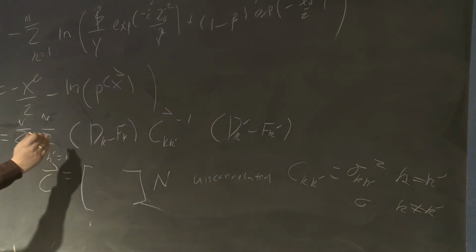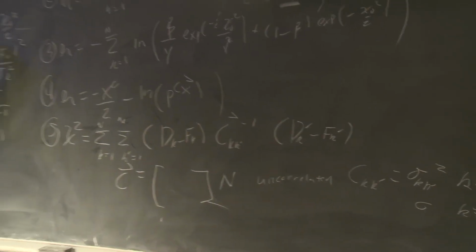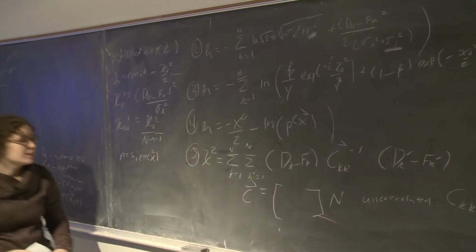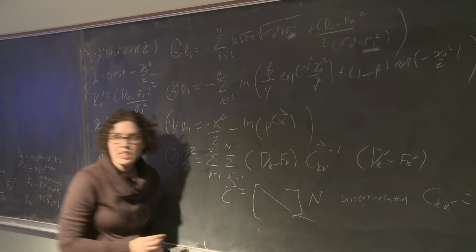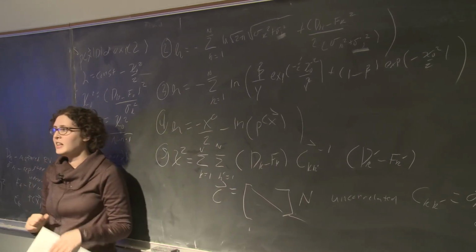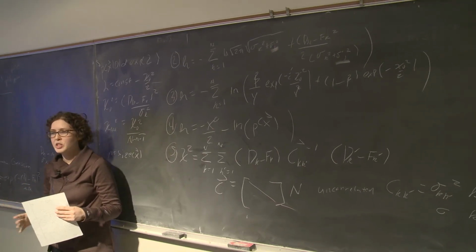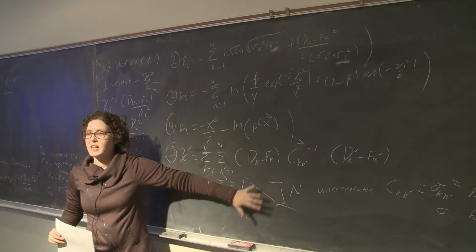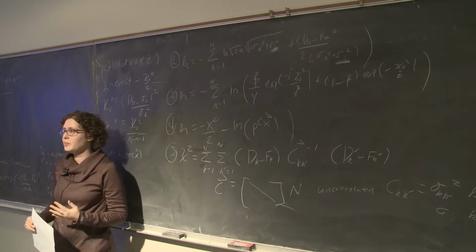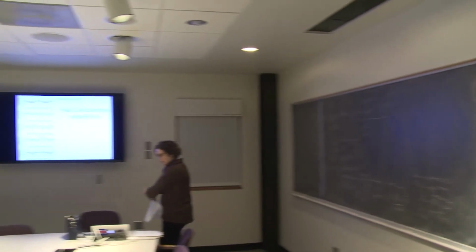If you just filled this in with diagonals, that would be the same as this chi-squared right here. But if you have correlations, then you'll also have some off-diagonal terms. And the way that astronomers have been using Gaussian processes is basically as a prescription to define what these off-diagonal terms should be. So that's what I'll be talking about in this final part of the class.